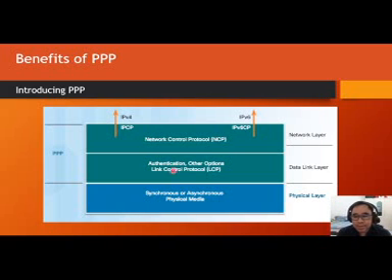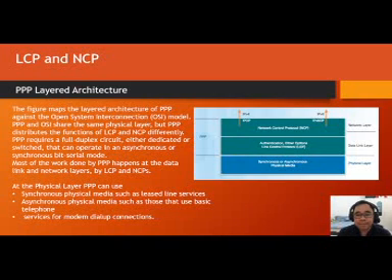Okay, network protocol. PPP layered architecture. The figure maps the layered architecture of PPP against the Open Systems Interconnection, or OSI, model. PPP and OSI share the same physical layer, but PPP distributes the functions of LCP and NCP differently.